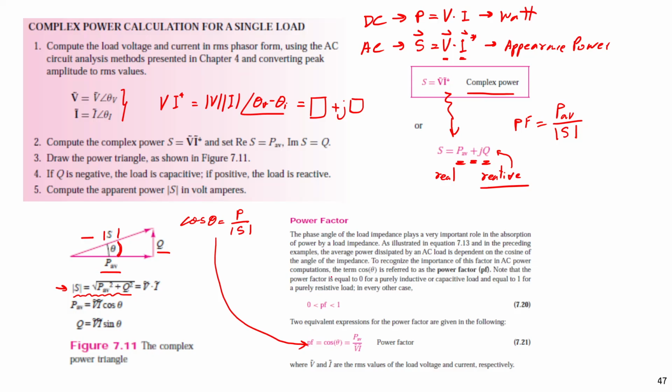Therefore, the power factor will not be greater than 1, because P cannot be greater than S. P is always less than or equal to S, so the power factor cannot be greater than 1. If you compute the power factor and get more than 1, there's something wrong.